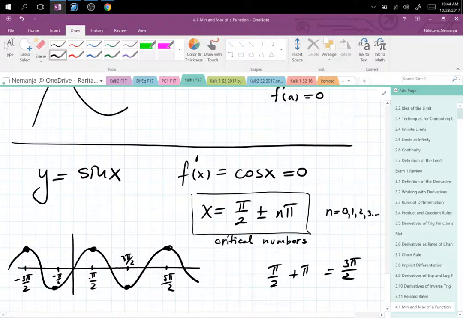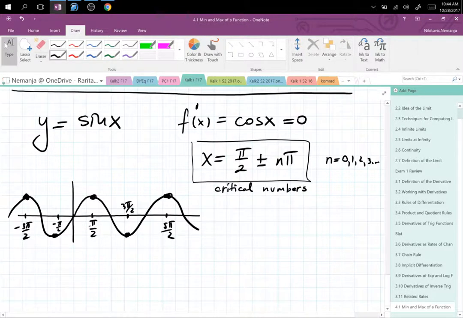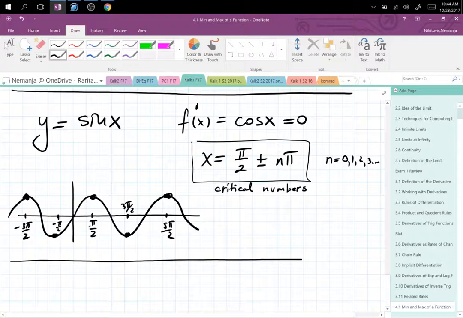Change n to 2, this becomes 5, because you would have 2 over here. So that's 2 times 2 is 4, plus 1 is 5. So 5 pi over 2 detects this one, and so on. So this equation can detect all min and all max values. And how many do we have? Infinitely many. Which is amazing that you are able to fit infinitely many numbers, infinitely many solutions in such a simple statement.